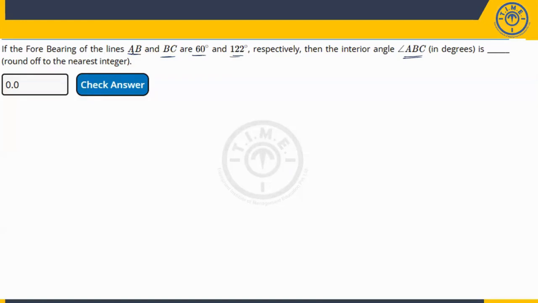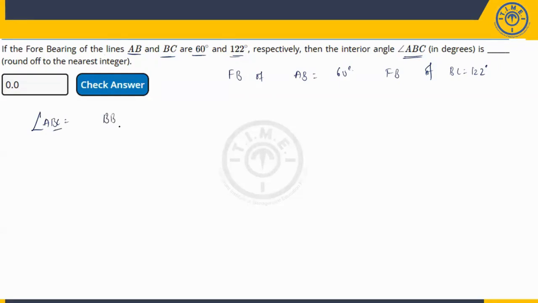What is given? The forebearing of line AB is 60 degrees, and the forebearing of line BC is 122 degrees. What is the interior angle ABC? So in order to find the interior angle ABC, let's go with the back bearing minus forebearing.